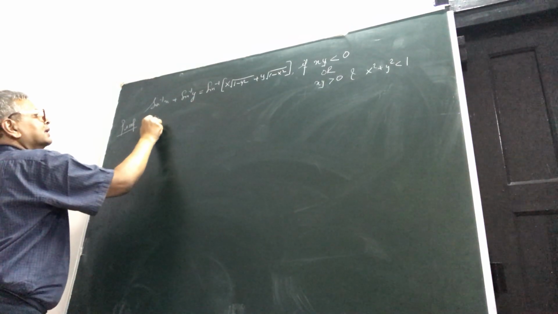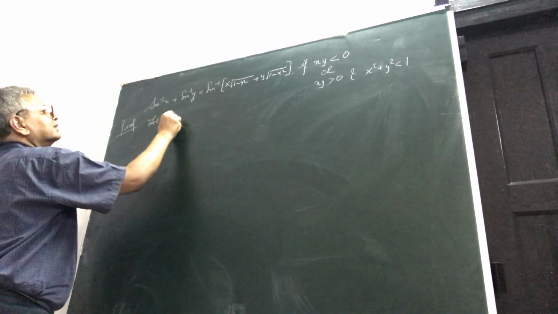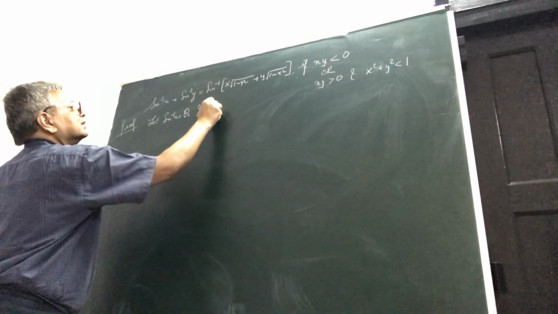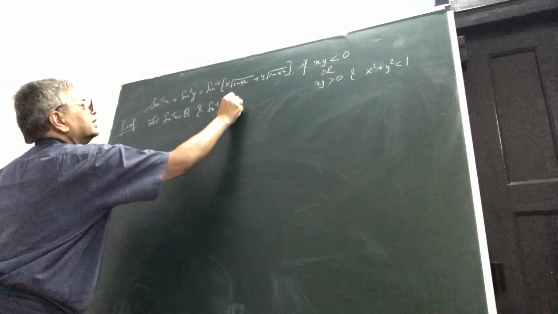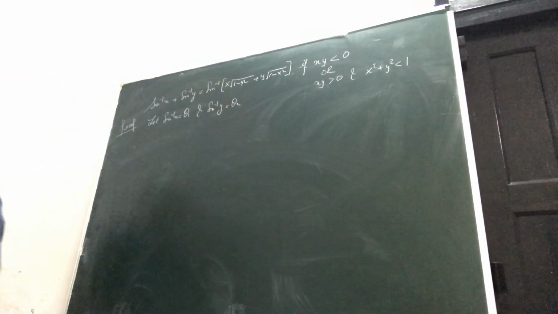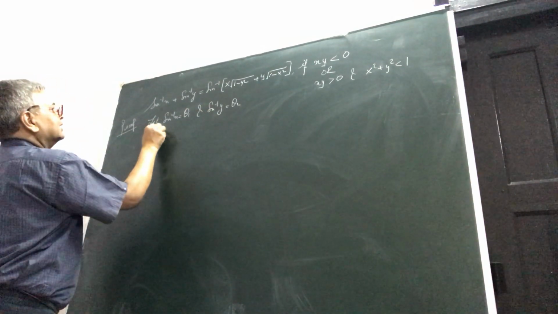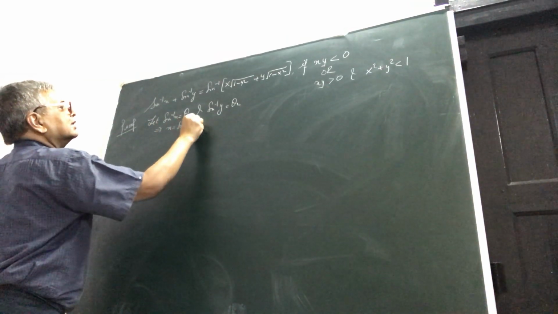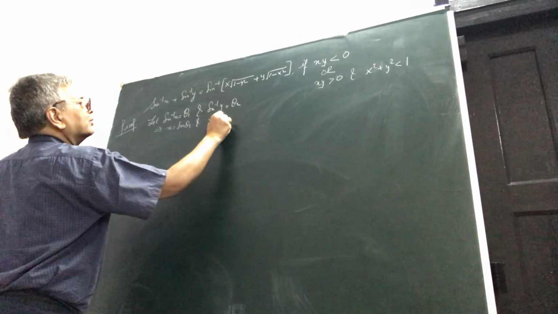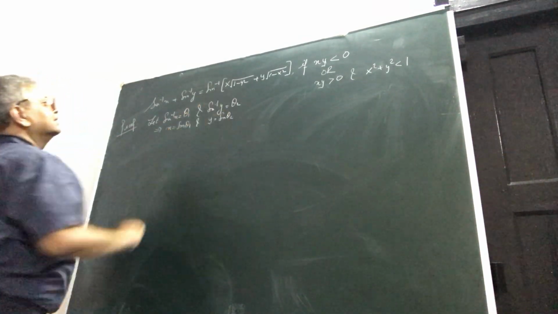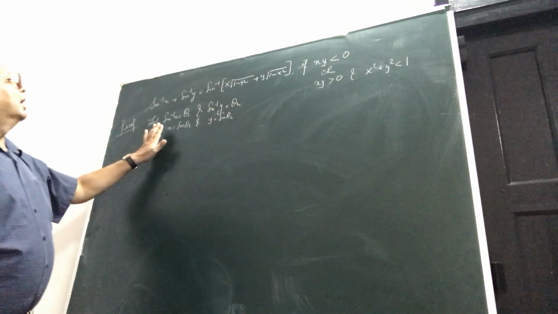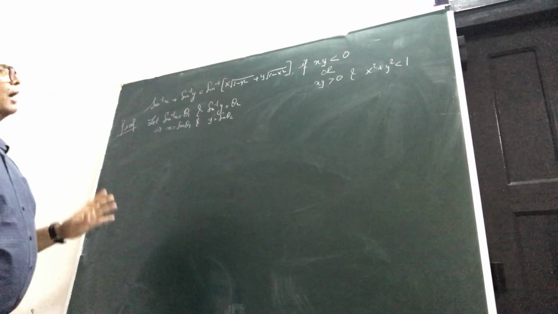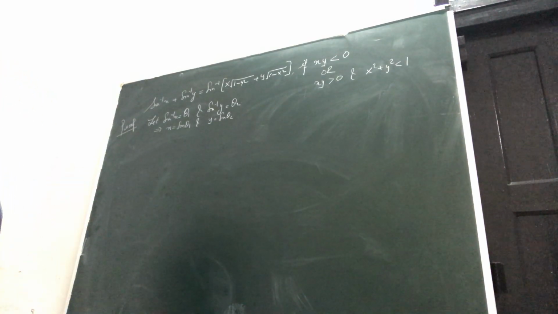Same thing. Let sin inverse x be equal to theta 1 and sin inverse y be equal to theta 2. So obviously this implies x will be equal to sin theta 1 and y will be equal to sin theta 2. Let us see where this theta 1 and theta 2 will lie.